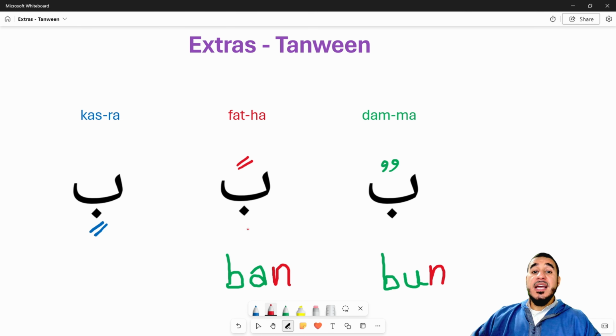So it becomes ban. And lastly, what about the kasra when it comes as a tanween? Then it would have been bi if it was just a singular kasra, but because it's come as a tanween, then we must add the N sound to the end, so it becomes bin.